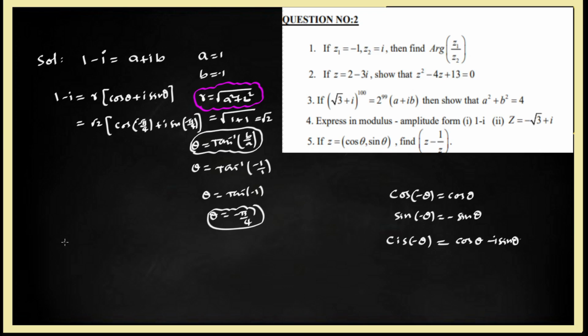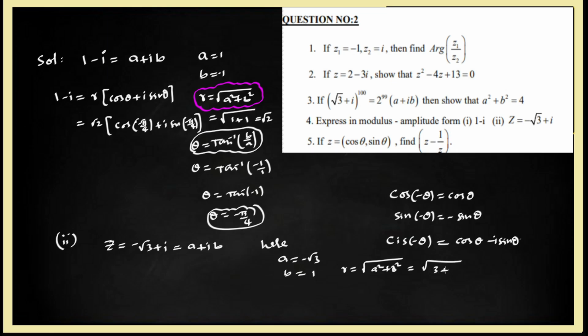Now the second bit. Given z is minus root 3 plus i. If you compare with a plus ib, here the value of a equals minus root 3, and the value of b equals 1. The formula of modulus r is root over a square plus b square, that is root of 3 square, which is 3, plus b square, which is 1, root 4 is 2.